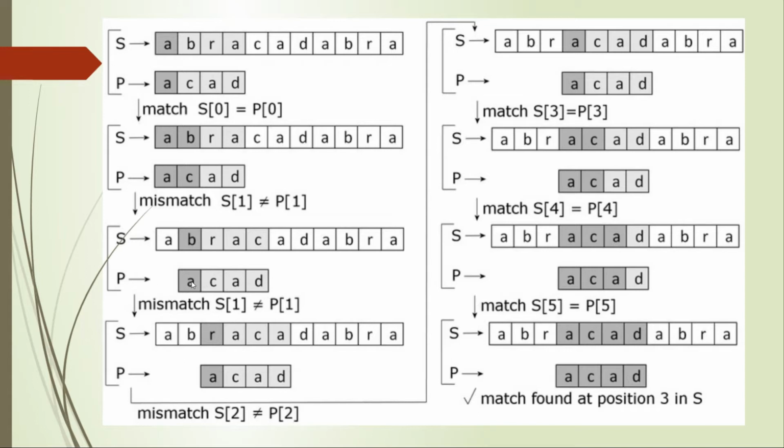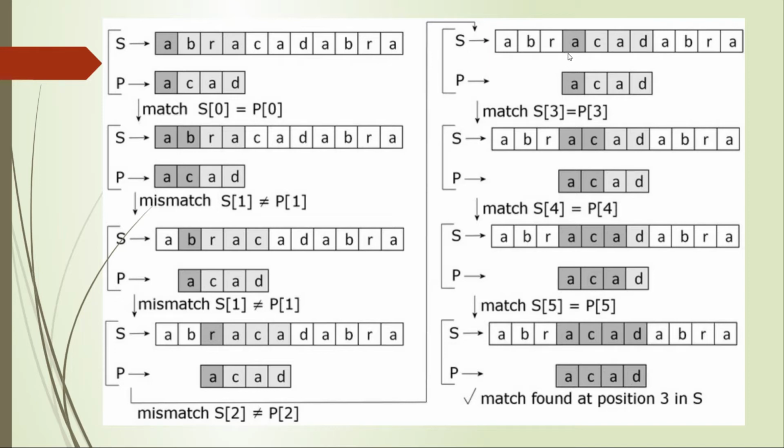When there is a mismatch, it has to be shifted to the next position again. Then when it moves to the next position, it will check the values placed at these two indexes, R and A. There is a mismatch. Again it will go on moving.